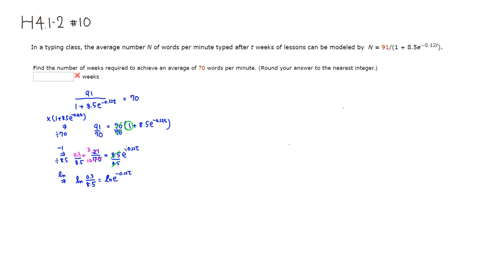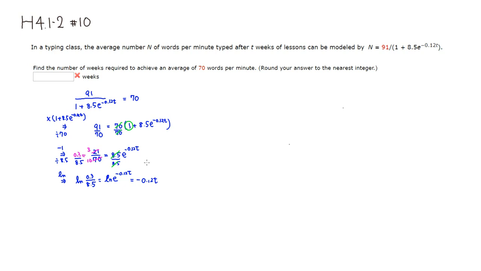The natural log and exponential function cancel out, so you have negative 0.12t.